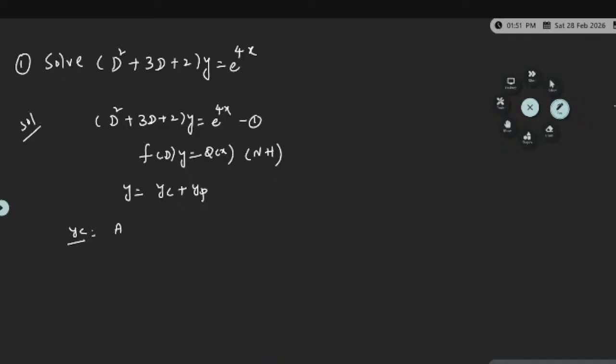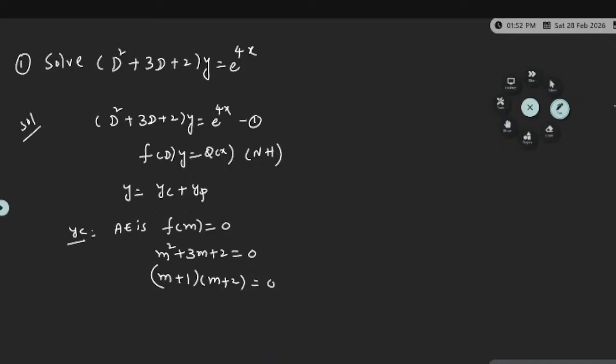What is the auxiliary equation? F of m equal to 0. M square plus m plus 1 into, you know how to write the auxiliary equation. How to write the auxiliary equation? Replace D by m. What is the auxiliary equation? M square plus 3m plus 2. What are the roots?